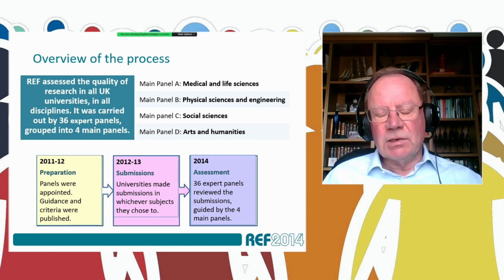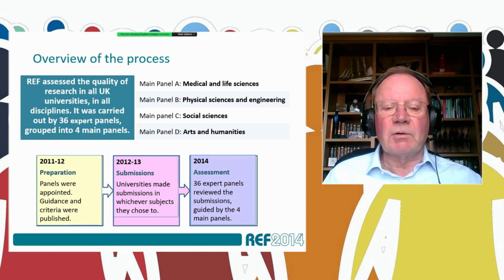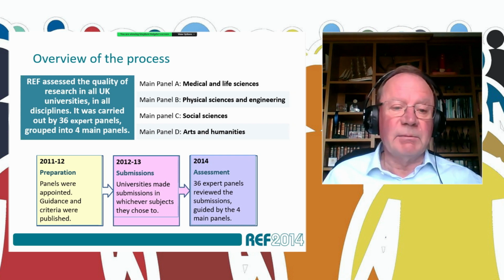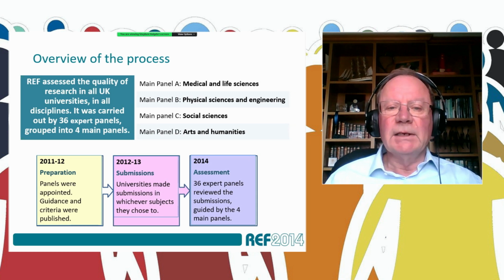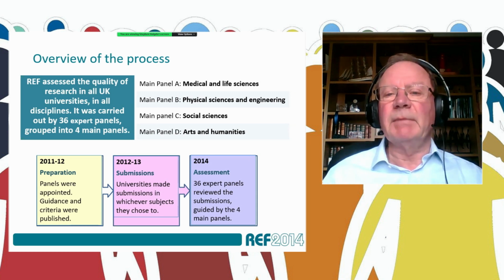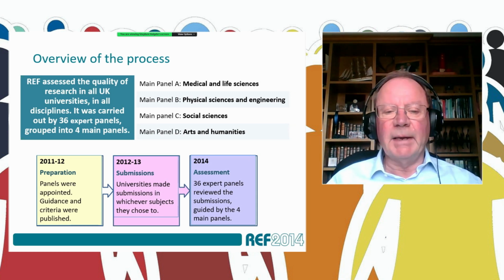And in 2014, beyond the quality of research and the environment in which it takes place, the impact it may be having over time. And this, as Eric carefully explained in his talk, is undertaken by expert panels. I was fortunate enough to be chair of main panel A, which is the medical and life sciences panel.